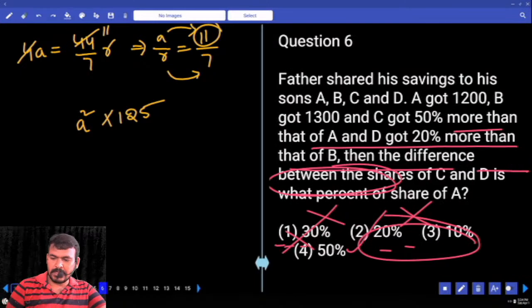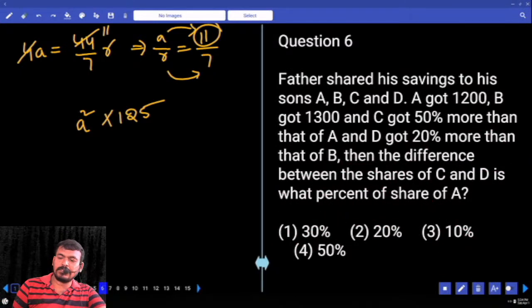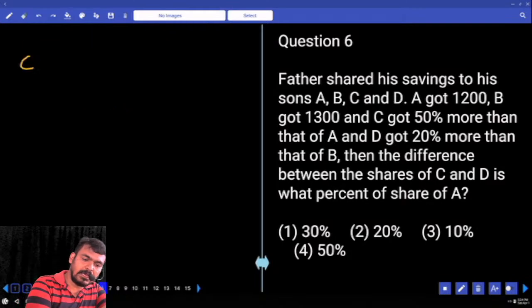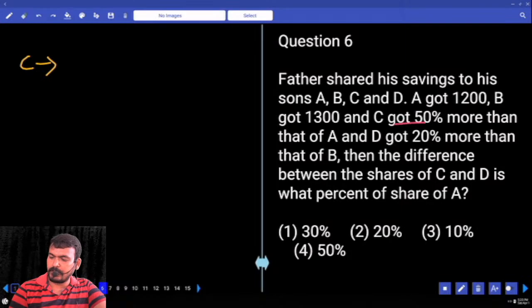Next question number 6. Father shared his savings to his sons A, B, C, D. A got 1200 and B got 1300 and C got 50% more than A and D got 20% more than that of B. The difference between the shares of C and D is what percent of share of A? First of all, C compared to A, how much percent more? 50% more. Already A value 1200.